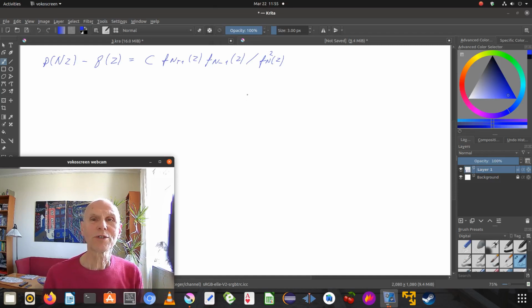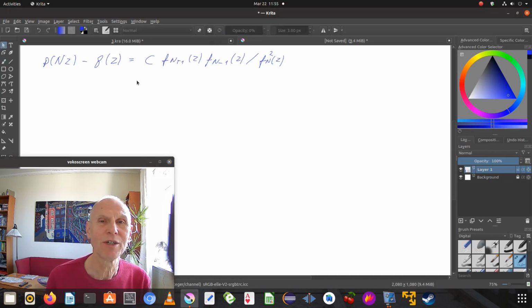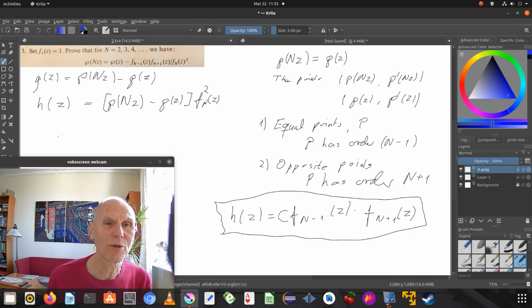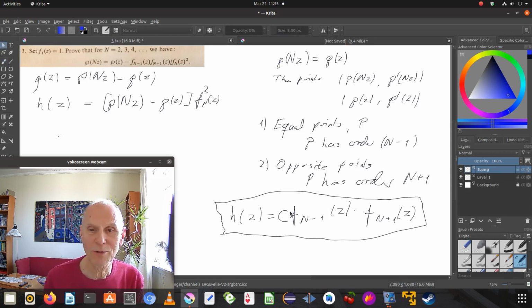So it just occurred to me that I missed the constant here. What I argued on the first page was that we must put a constant on here because they have the same poles and zeros.